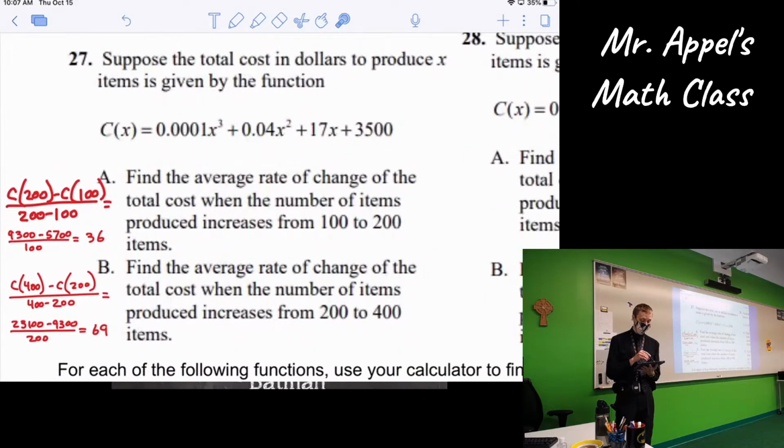All right, we've got a very fancy looking cubic function for the cost to produce items. Something, I don't know, manufacturing chocolate bars. Doesn't matter what it is. The average rate of change from 100 items to 200 items. So x is going from 100 to 200.